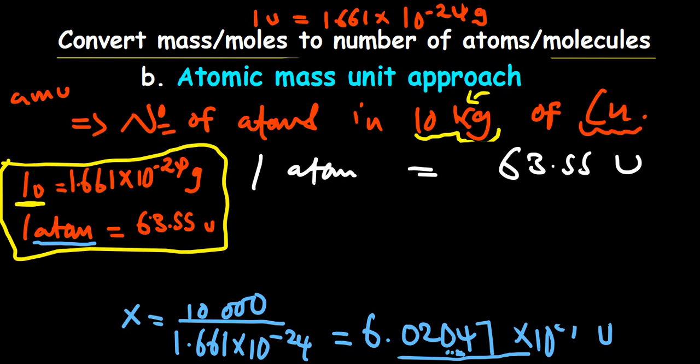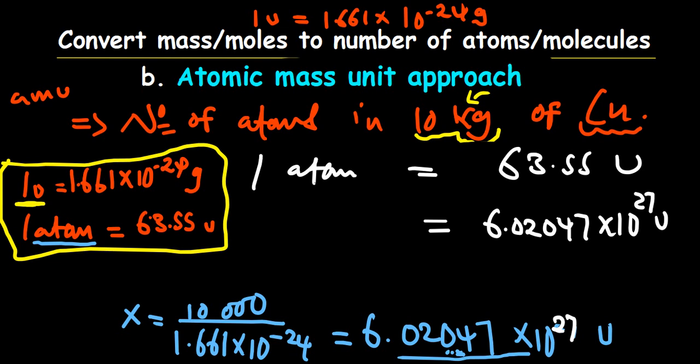So now we write the atomic mass units that we have, 6.02047 times 10 to the power 27 units, and then we say X.